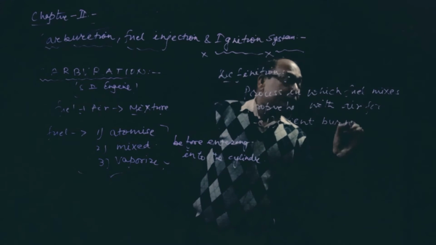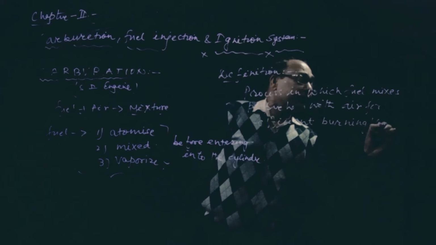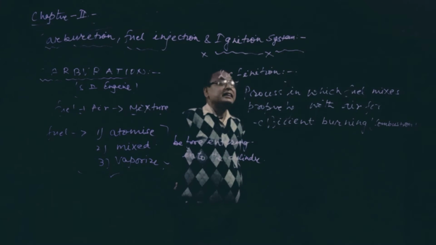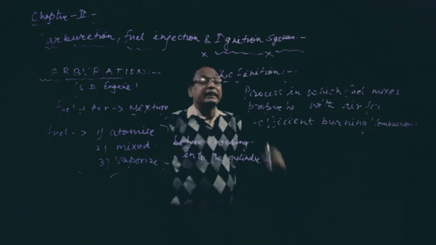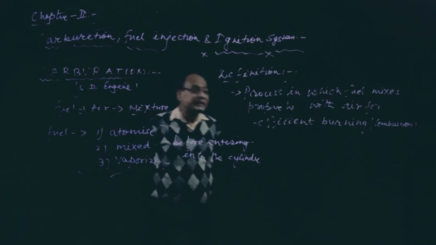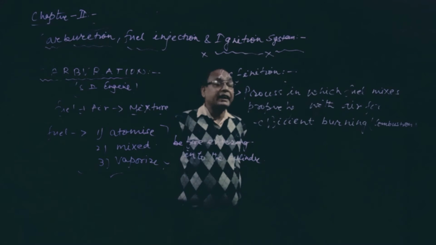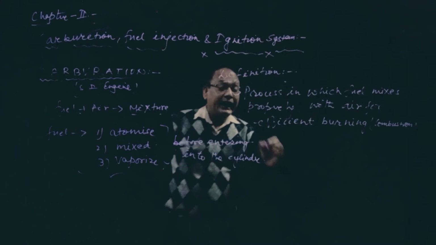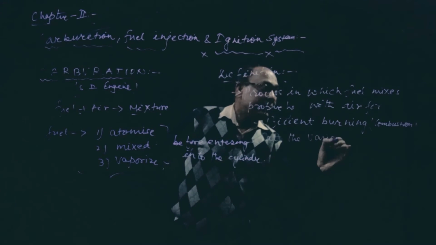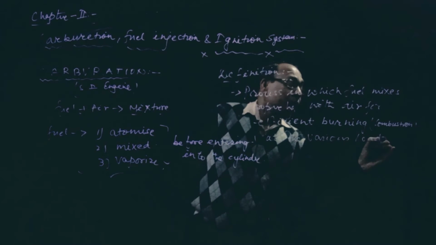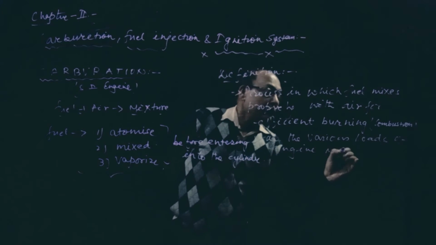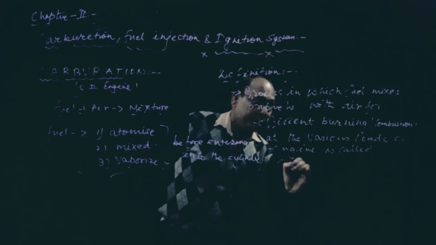If it does not burn efficiently, that is combustion, then we will not get the output. So what are the technical words we have to use in the definition? A process in which fuel mixes properly with air for efficient combustion at the various loads of the engine is called carburetion.